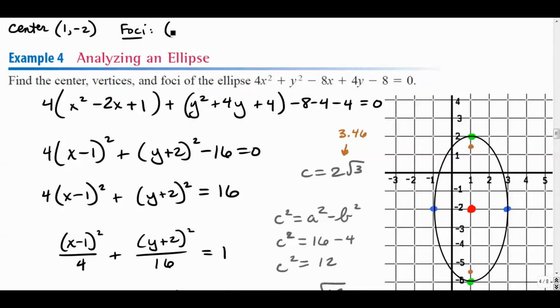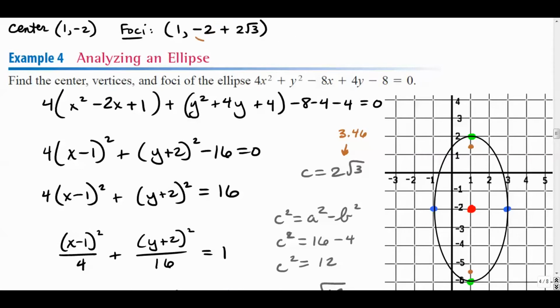Our foci are at 1, and then we have to go up that many. You can list it a couple different ways. We're going to go 1 to the right, and then I'm going to reference all this in relation to my center. So my center is down 2, my foci is up 2 radical 3 from that. So it's down 2, up 2 radical 3 from that center.